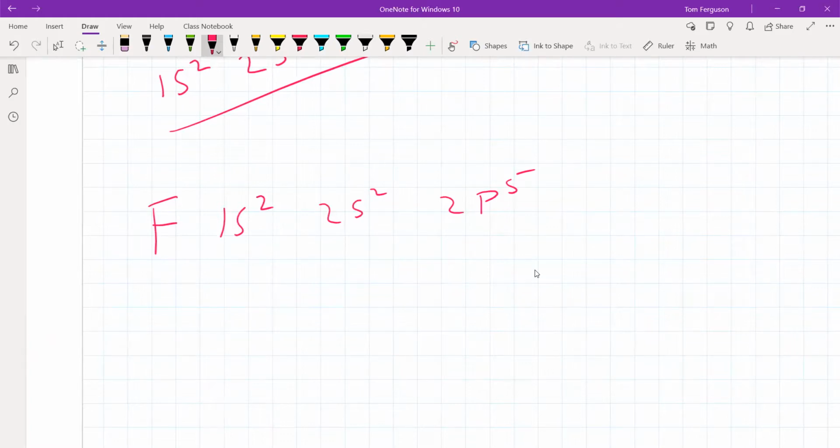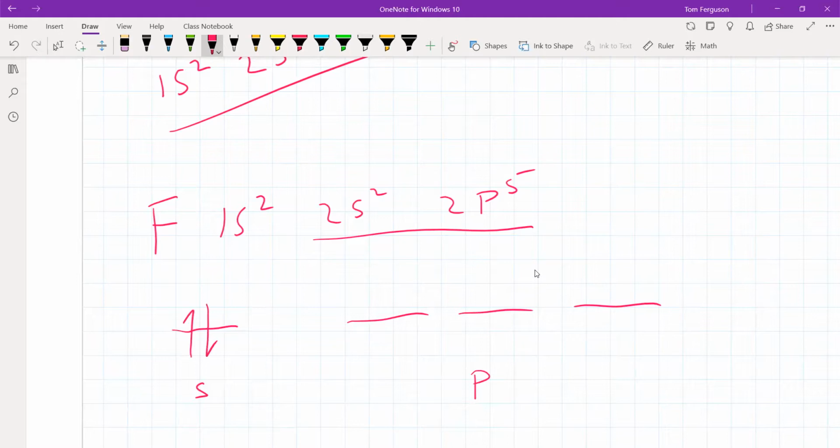Now let's look at the orbital version of this. I'm just going to look at the valence here. So we've got the S, P. The S's are full, and the P's are partially full.